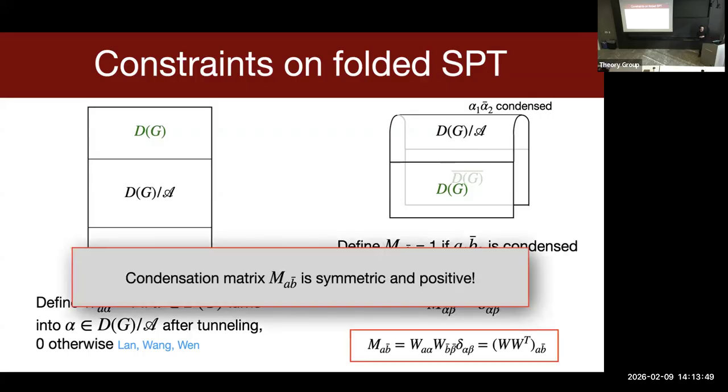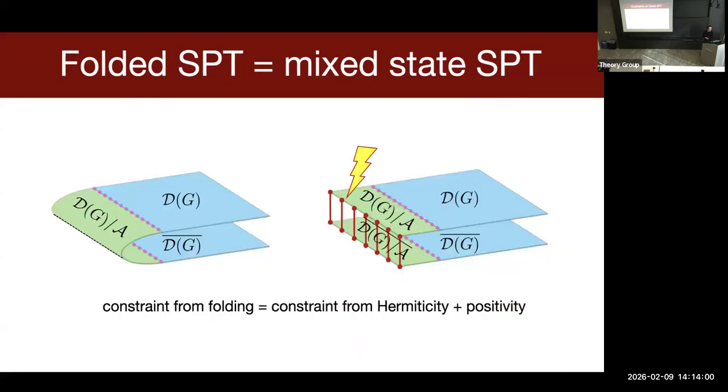And so what this tells you is that this condensation matrix in this folded setting will be both symmetric and positive. And this is what lets you identify these folded SPTs with mixed state SPTs.